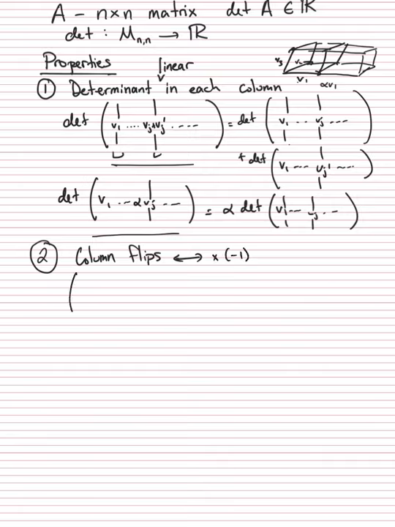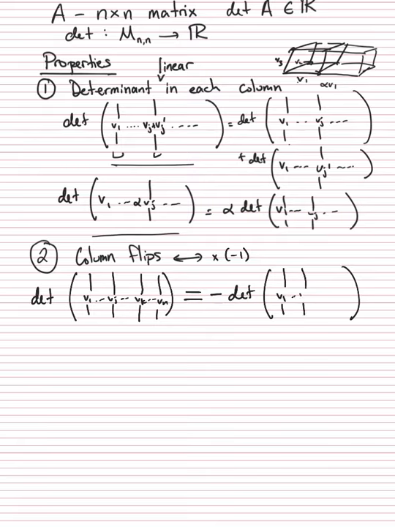In particular, if I have V1 up through Vj, say up through Vk, up through Vn, and I look at the determinant here, this is equal to negative the determinant of V1, Vk, so I flipped the jth and kth columns, and then Vn. Okay? So flipping any two columns changes the sign of the determinant.